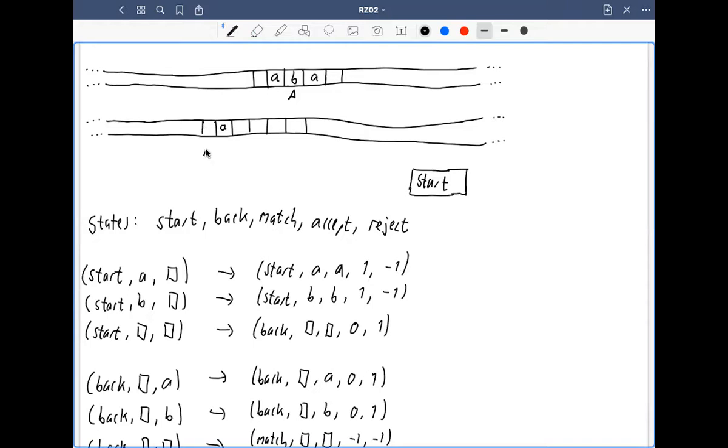The second tape goes to here. Now we're still in start, we're at B and blank. So we stay in start, we keep the B on the first tape, and we write the B on the second tape. The first head moves right, and the second head moves left.